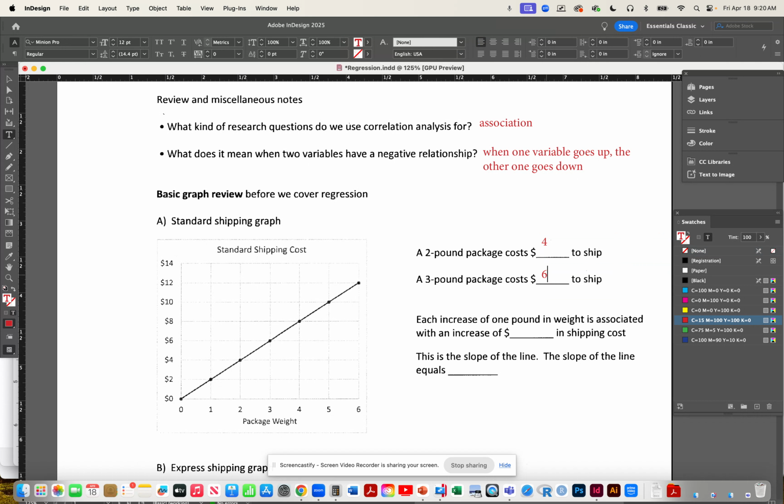Each increase of 1 pound in weight is associated with an increase of what in shipping cost? It looks like for every 1 pound in weight, it goes up by $2 in shipping cost.